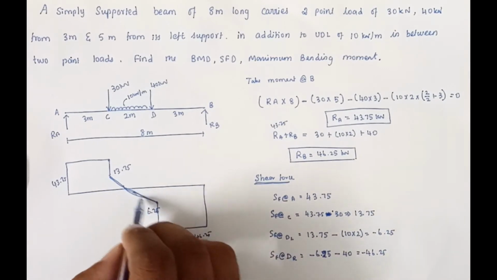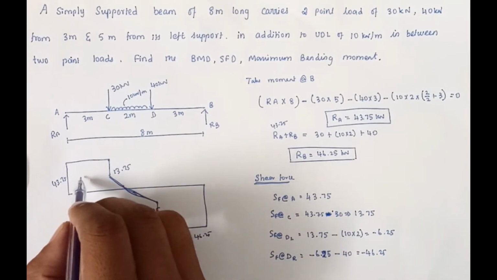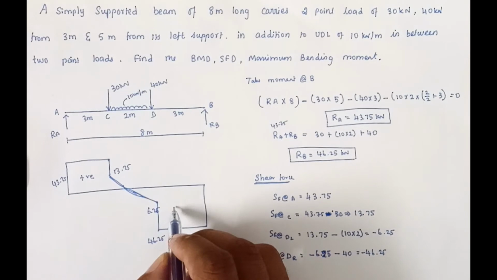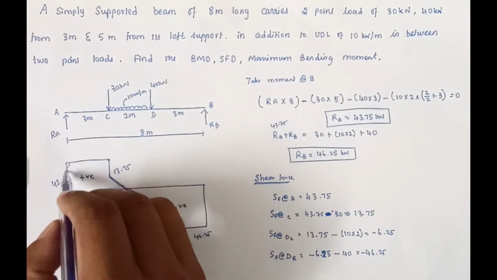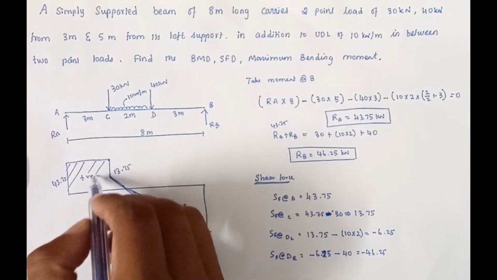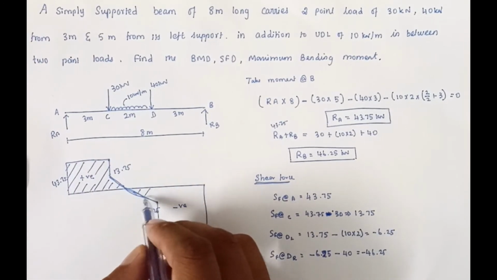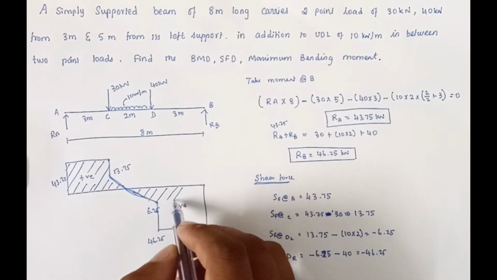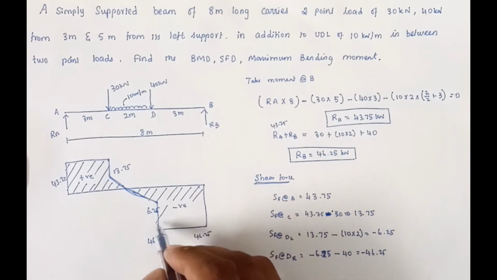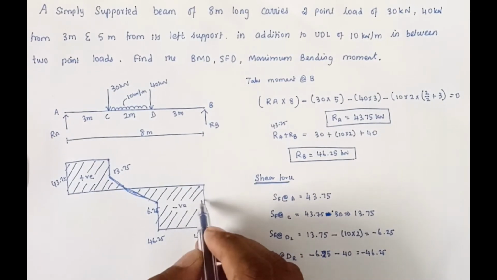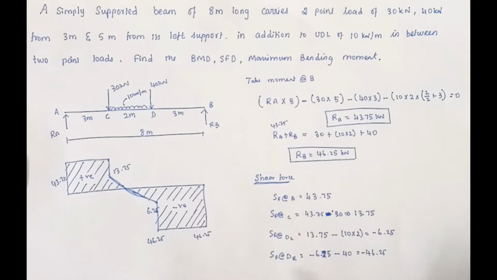So this is the shear force diagram, with this part positive and this part negative. After that we can go for the bending moment diagram.